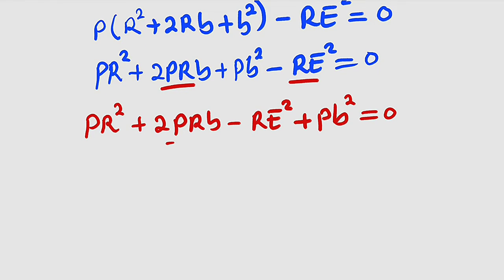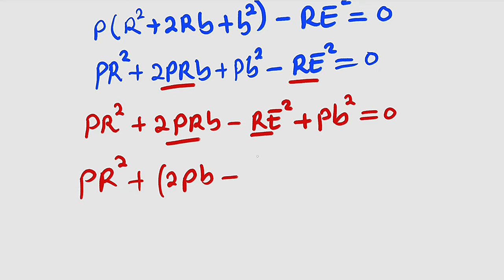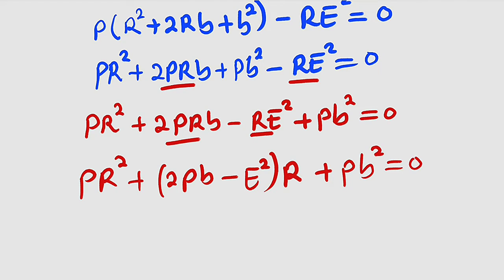Now we're going to factor out R from these two terms. We have PR squared plus, if you isolate R here, you have (2PB minus E squared) multiplied by R, then we have PB squared, everything equal to 0.